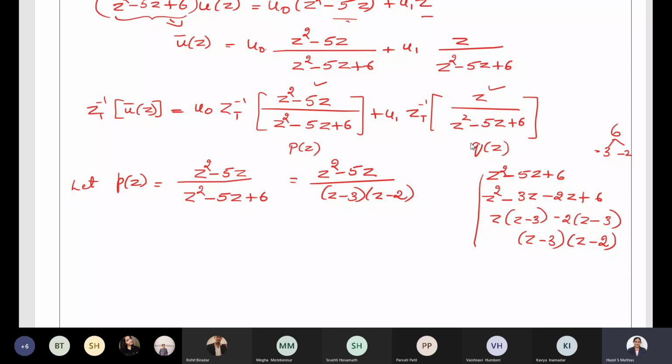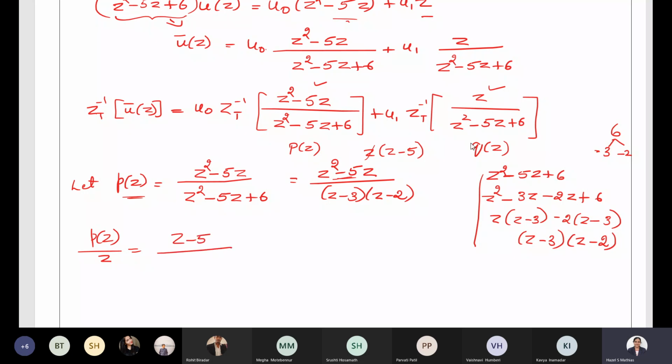Next step. Now we can solve this using the method of partial fractions. We have solved this. First step, when you have p of z, what we do? We divide by z on both sides. So numerator z square minus 5z can be written as z into z minus 5. Am I correct? If you take z outside from the numerator, it will be z into z minus 5. So if you divide both sides, the z gets cancelled.